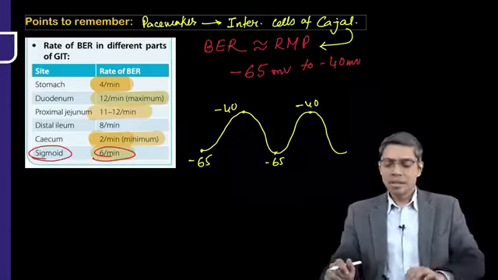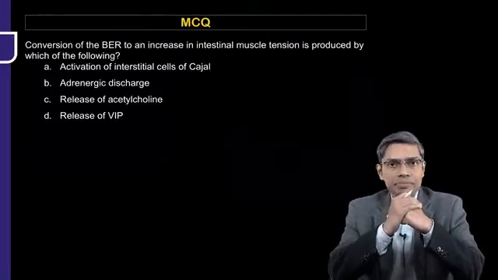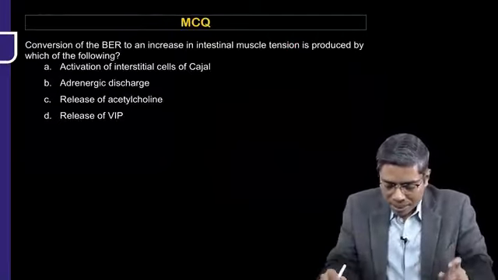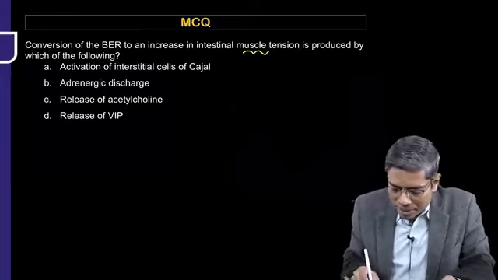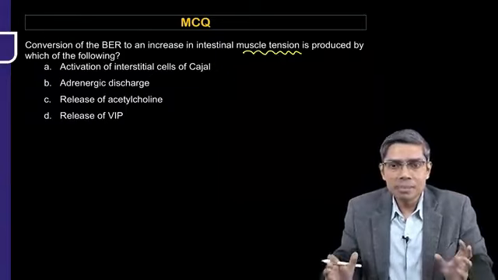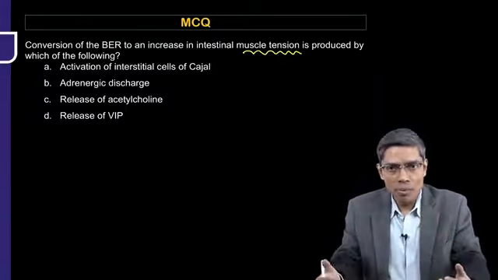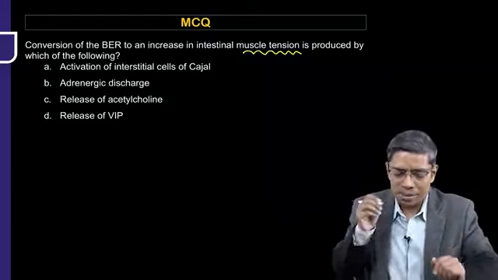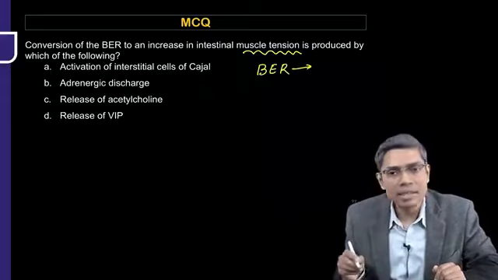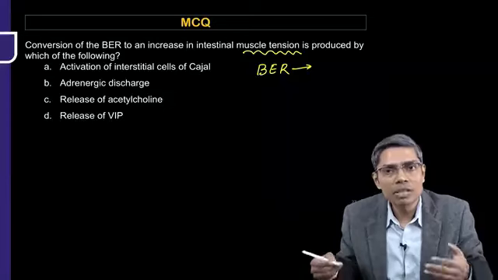Okay, first thing. Now look at another MCQ related to BER only. Okay, so conversion of BER to an increase in intestinal muscle tension. So muscle tension means the muscle is contracting and the muscle is producing some force. So the first question that you have to think here, can BER produce muscle contraction? What is BER? BER is RMP. Can RMP cause muscle contraction?